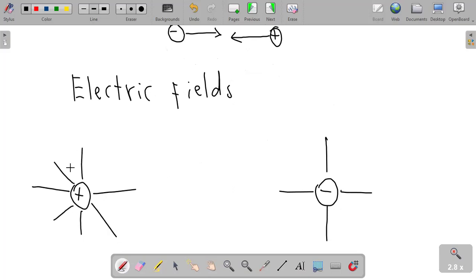A positive charge will have an electric field that is pointing out, like that. And a negative charge will have an electric field that is pointing in, like this. Positive, you can think about it as a north pole, and the negative, you can think about it as a south pole, to make things easier for yourself.